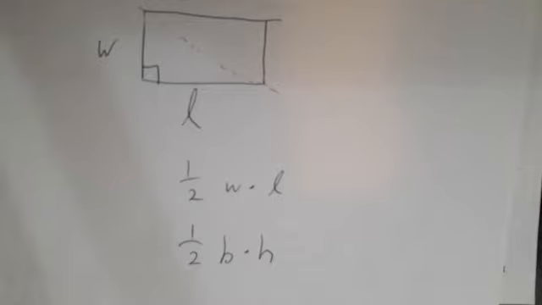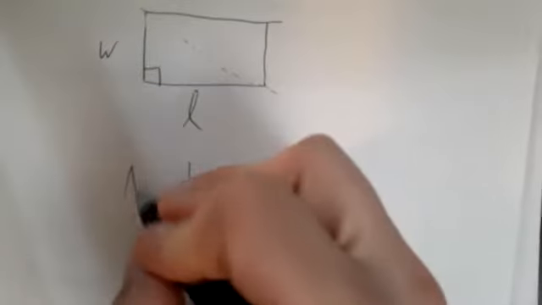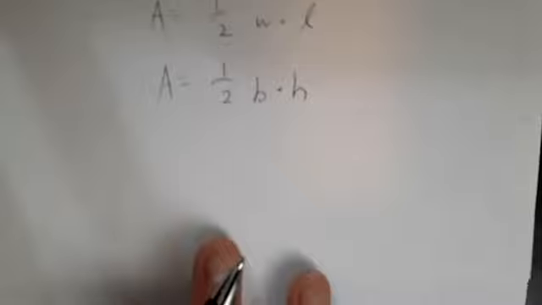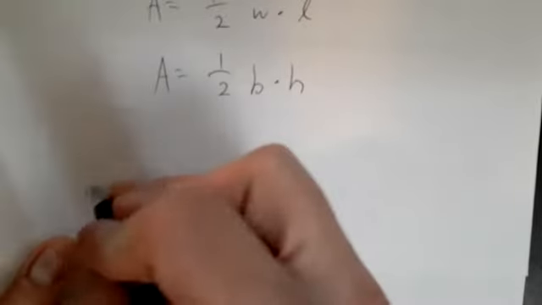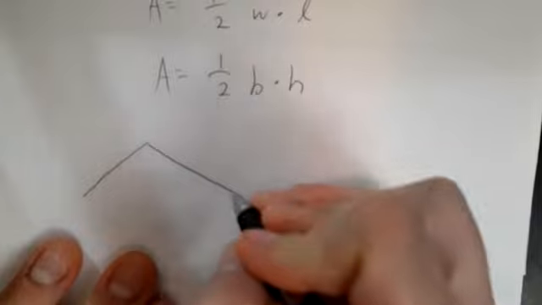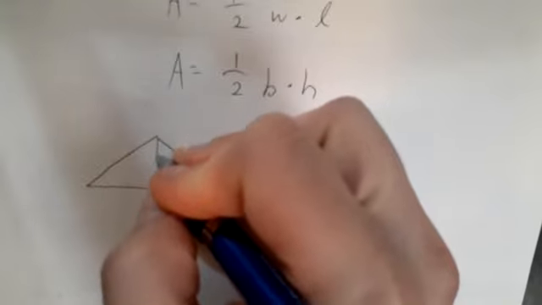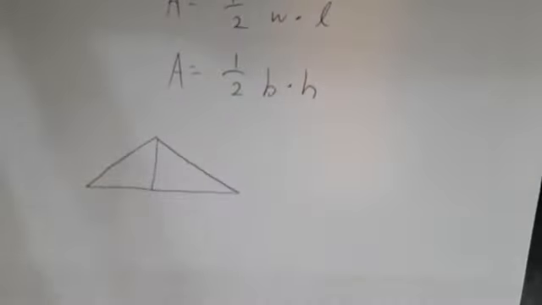If we don't have a right triangle, and we're talking about area, my area formula on here, so let's draw a triangle that's not right. This is not a right angle. If we want a height, the way we get a height on a triangle is we draw a line that comes down at a right angle. So if it's not a right triangle, we create right triangles out of it.